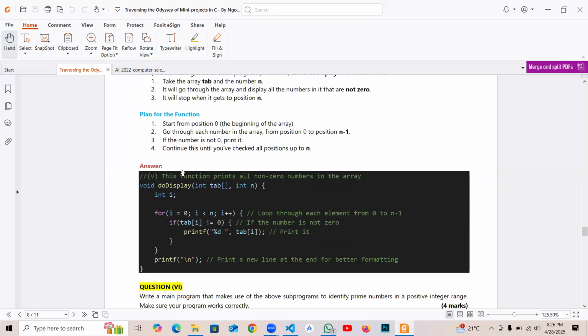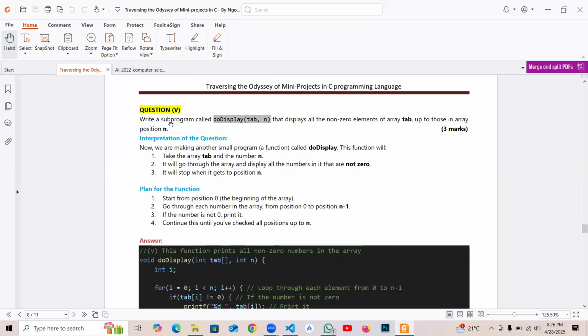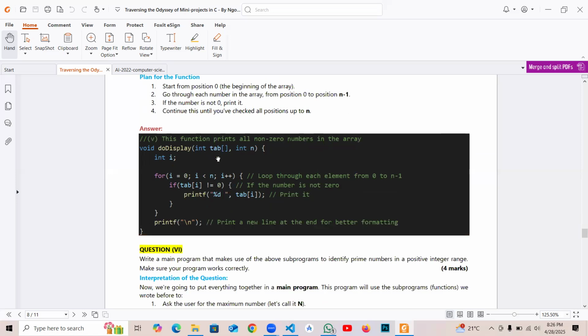So the next question was question 5, which is about display tab, which is the name of the array, and then the number. So here we are going to display the elements or the numbers that are left in the array, which are now prime numbers.